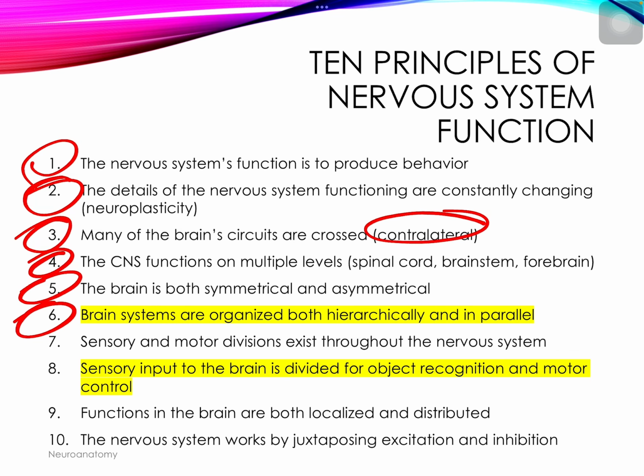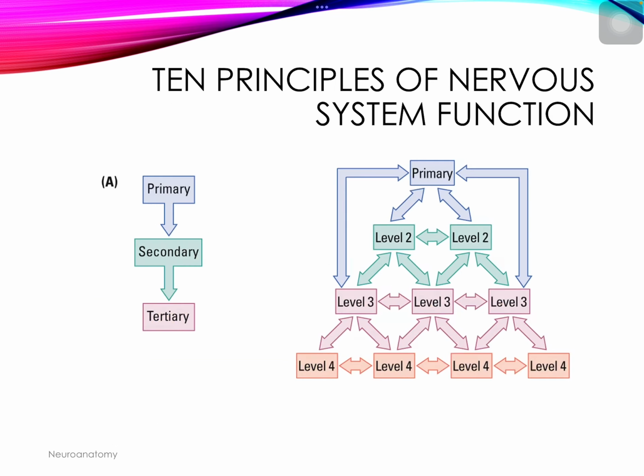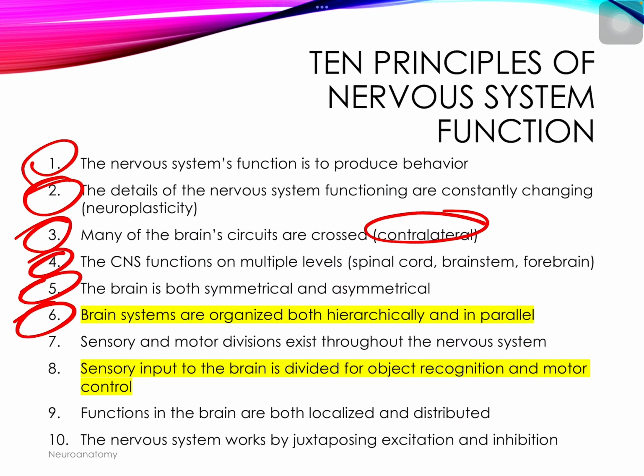We also know that the brain system is organized hierarchically as well as parallel, and this is an example of how it's both hierarchical in some cases and in levels, and then parallel in other levels. So this is just something that we have to keep in mind when it comes to how we think about brain function.